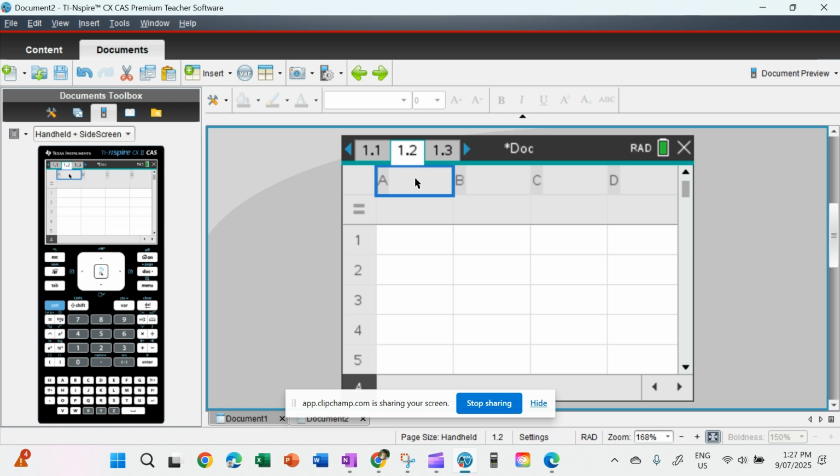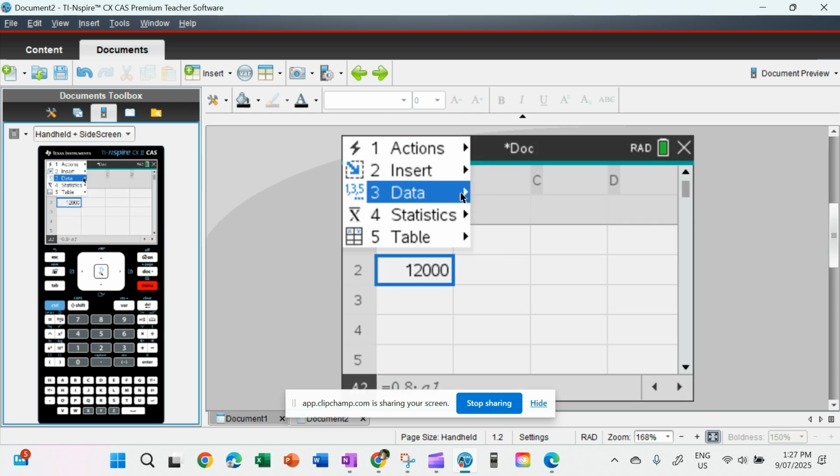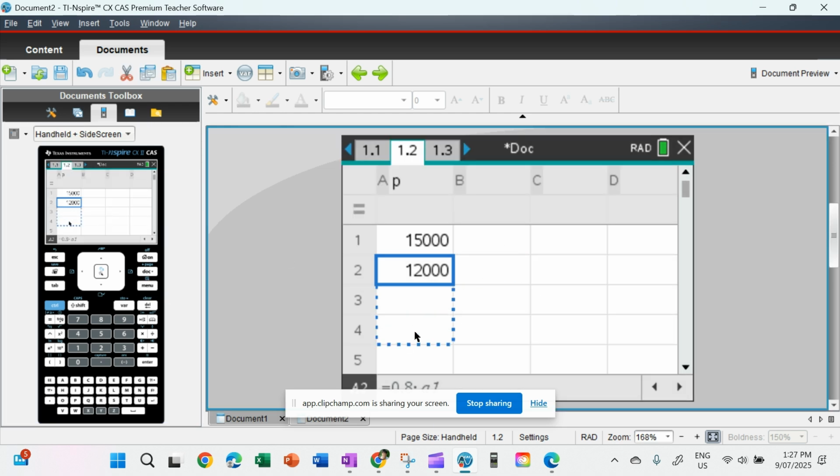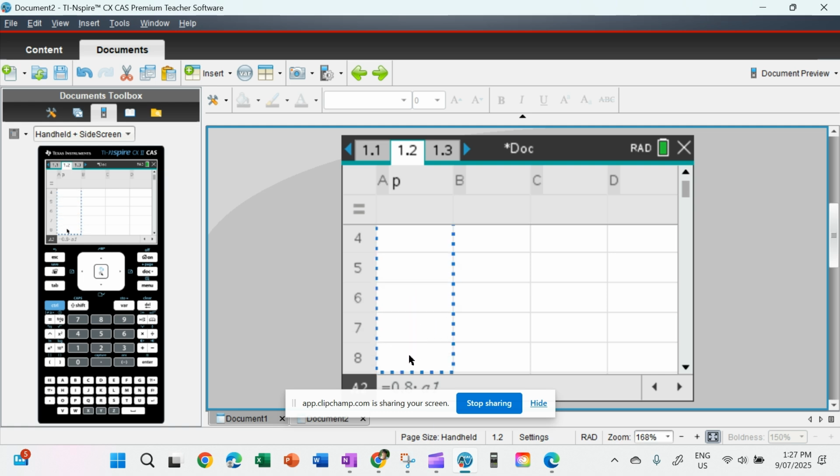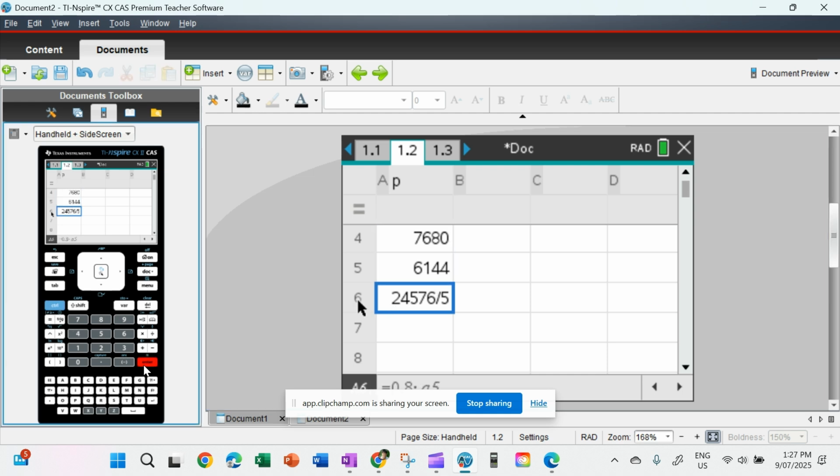Here we can say the first year will be $15,000, and the second year equals 0.8 multiplied by A1. Once you have that, fill it down for the first 5 years, first, second, third, fourth, and press control enter.